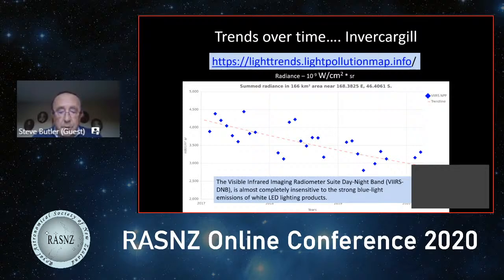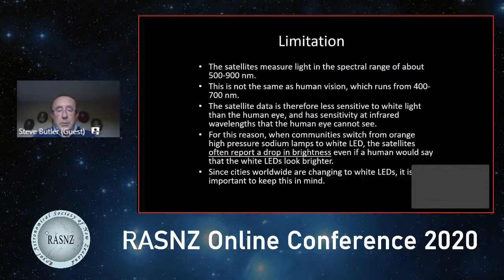radiometer suite is almost completely insensitive to the strong blue light emissions of white light LED products. So just to expand on that, there is a real limitation in the data coming down from the satellite, and it's that the spectral range of the VIIRS device is about 500 to 900 nanometers, whereas human vision is 400 to about 700 nanometers.